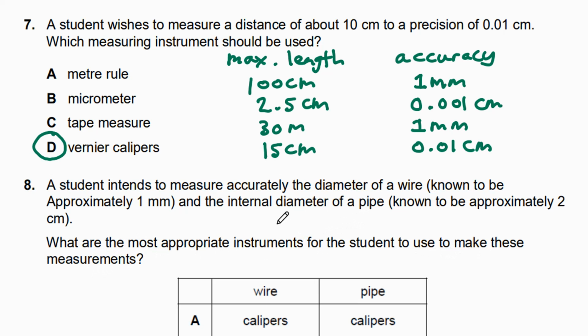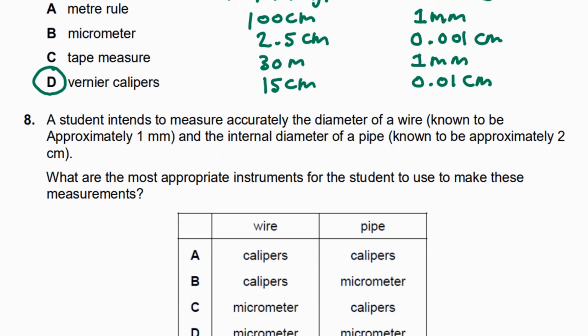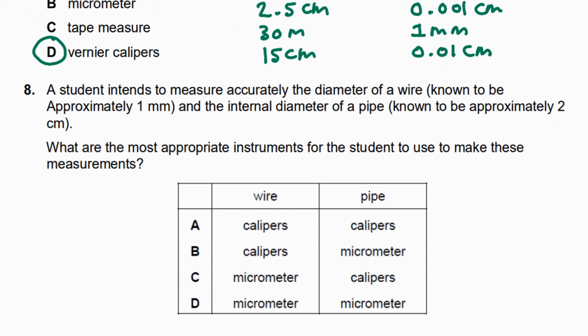Now, in this question, unfortunately, we are not given the accuracy required. So we have to choose between the micrometer and the calipers. Without considering the accuracy of the measurement, it's worthwhile noting that when we measure lengths of approximately 1 millimeter, we will always use a micrometer.